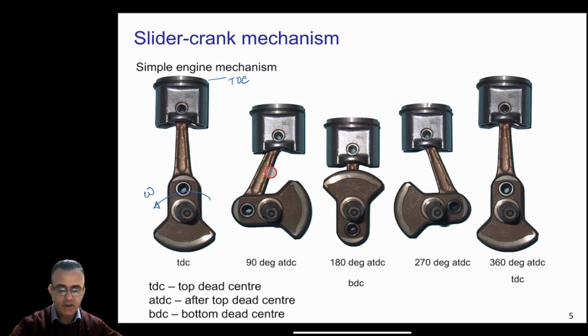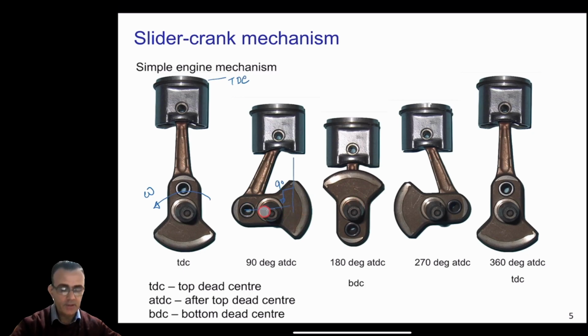If the crankshaft rotates through 90 degrees, moving from this position to this position, the piston will move in the downward direction, and the crank will become horizontal.